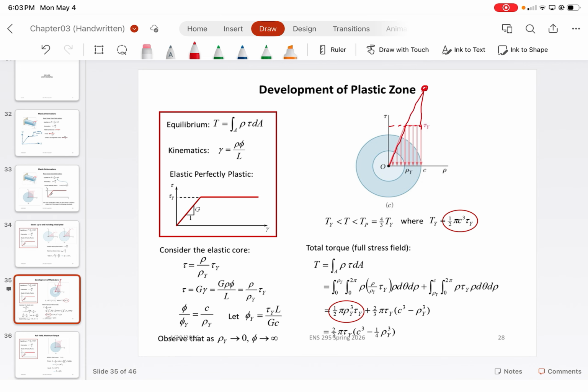All right, so from here, we can find out the total torque at full stress.